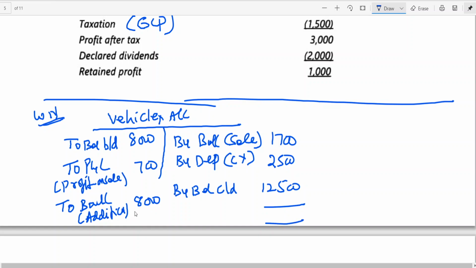So the total is coming to 16,700. So the sale has been given in the problem, but the missing information is this balancing figure. I think similarly we can also see the fixtures here. Fixtures account.